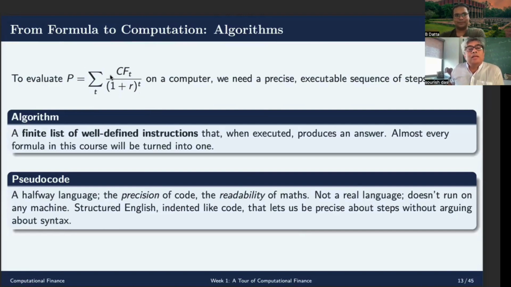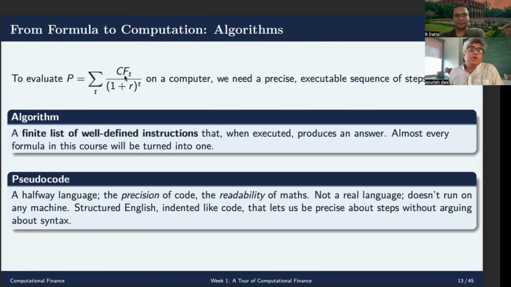And then there is a sum. Now, if there are a lot of cash flows coming up, we need to do all these calculations and calculate the present value correctly. If there are 50 or 60 or 100 cash flows coming up, we cannot really do it by hand or using a calculator. That's a little bit cumbersome and we will most likely end up making a lot of errors.